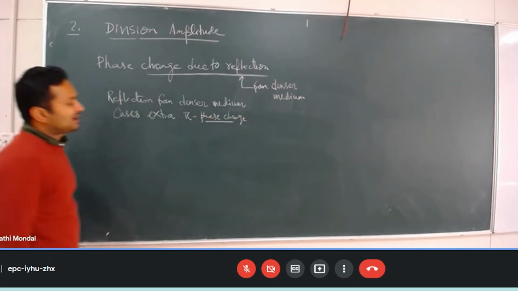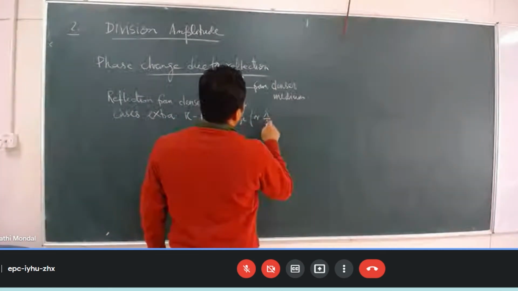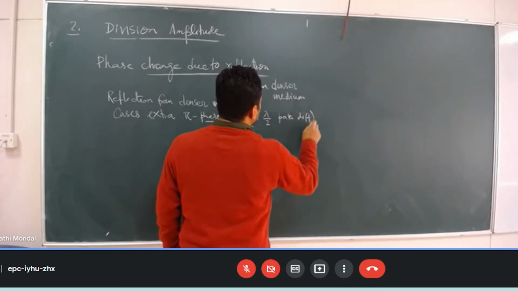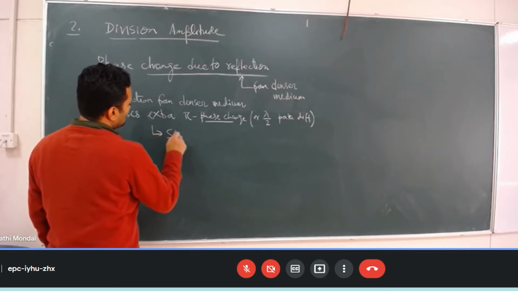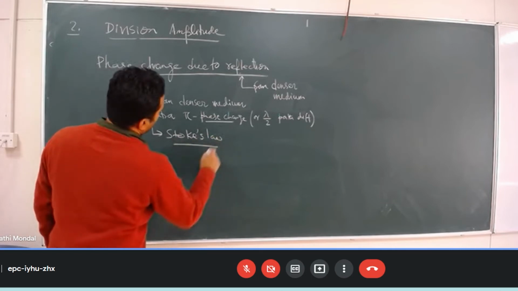Phase change pi means, and you can say, lambda by 2 path difference. It will add. Okay, so this is called Stokes law.